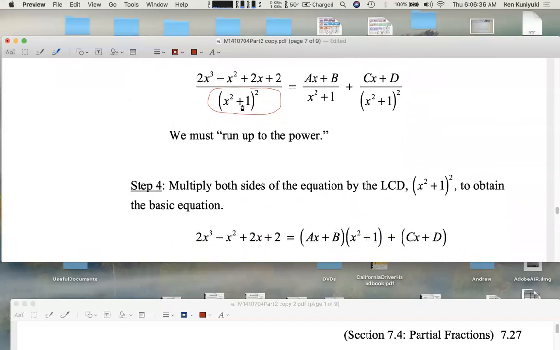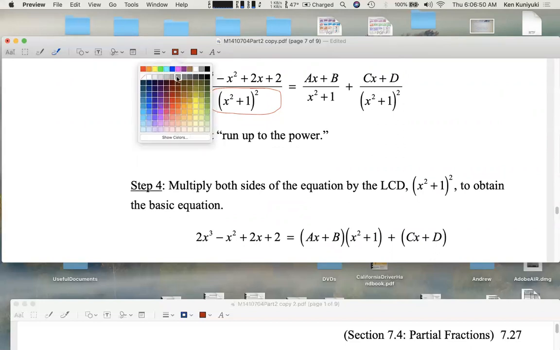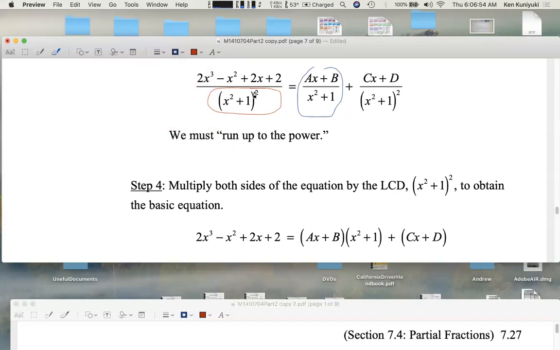All right. So again, on the left side, when you multiply a fraction by its own bottom, you get the top. Make sure not to miswrite the top. 2x cubed minus x squared plus 2x plus 2 equals, okay, we're multiplying this fraction by x squared plus 1 all squared.